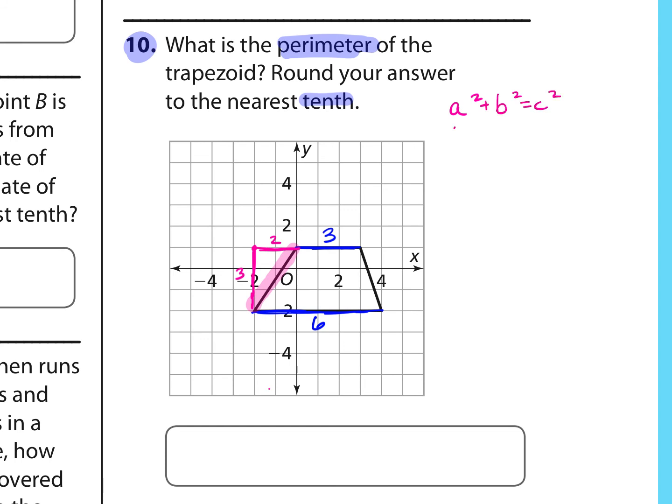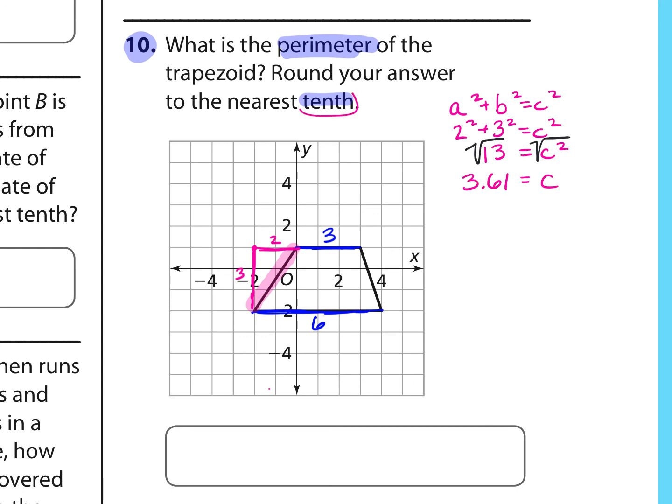We plug in 2 squared plus 3 squared and calculate c. 2 squared is 4, plus 3 squared is 9, and that adds up to 13. Then we just take the square root of both sides, and c is about 3.61.